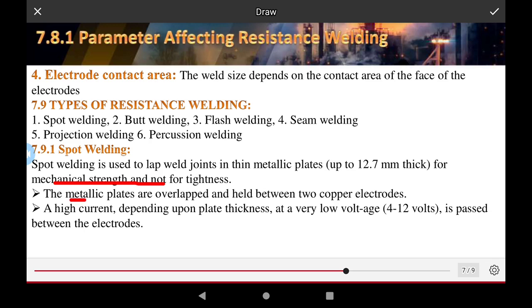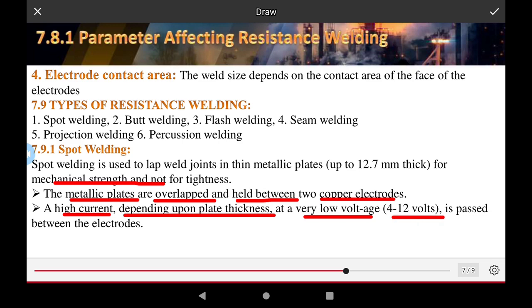The metallic plates are overlapped and held between two copper electrodes. Through the two copper electrodes, a high current, depending upon the thickness of the plate, at very low voltage of 4 to 12 volts, passes between the electrodes.